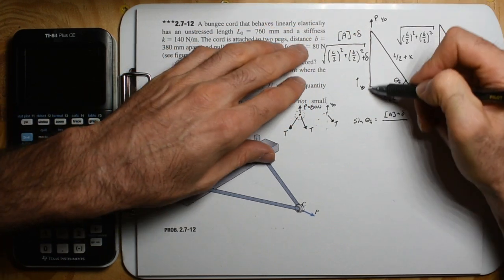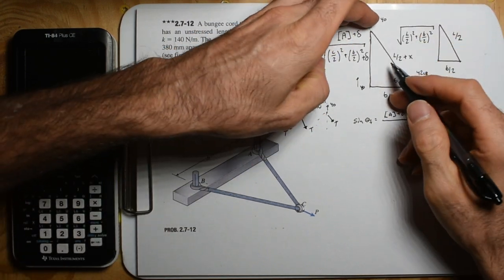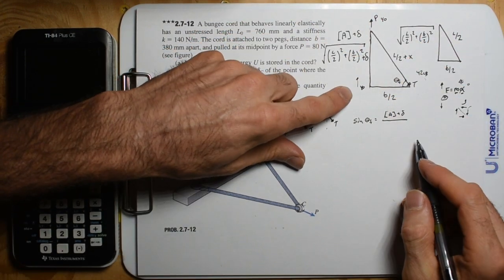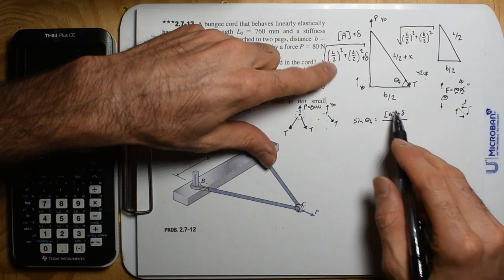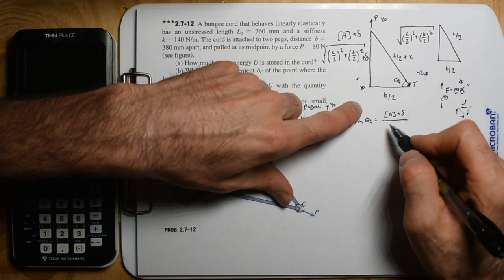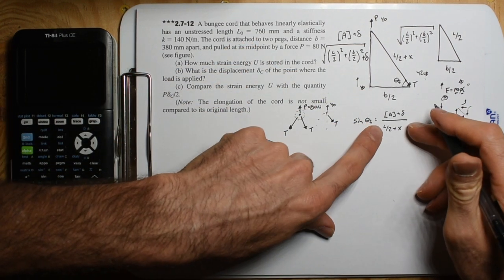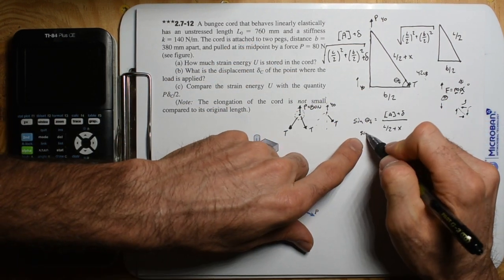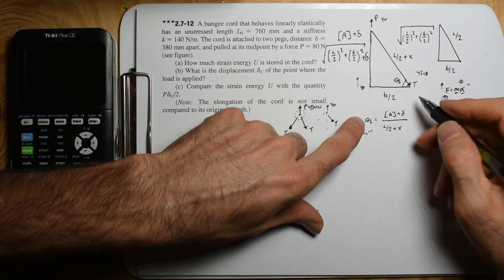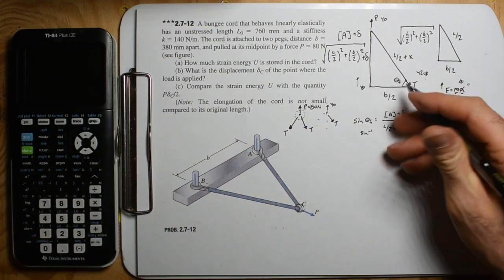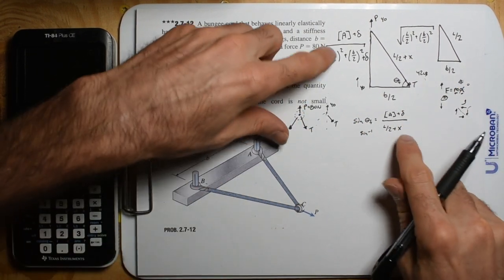The vertical component is the only thing that can take this tension. But this divided by the hypotenuse, so we'll go L over 2 plus X. Now this is a ratio. And if we go inverse sine, we can find the angle. But this is a ratio, and it's somewhere between 0 and 1. So that's a good thing to know.